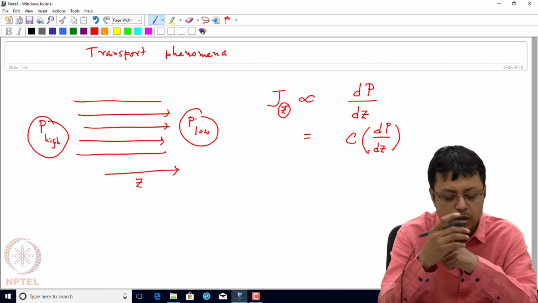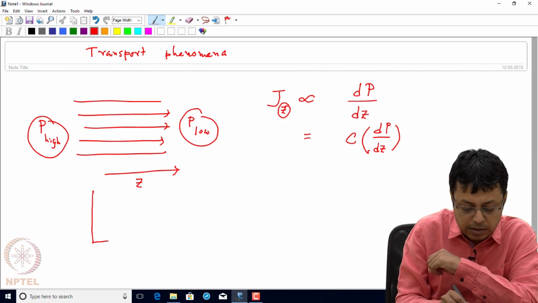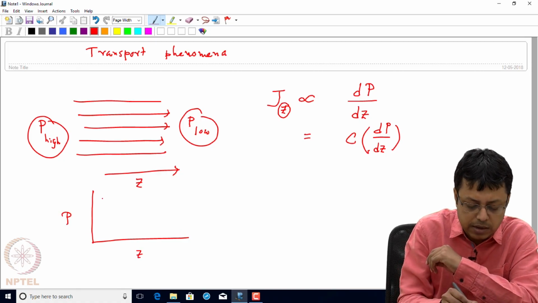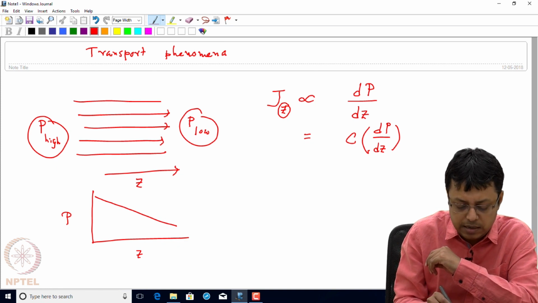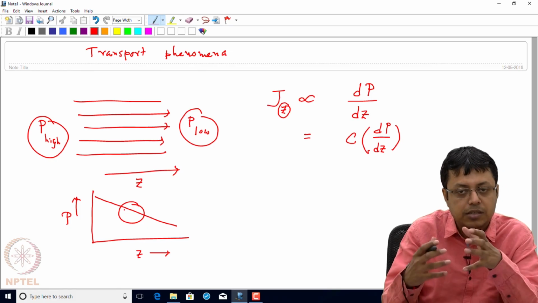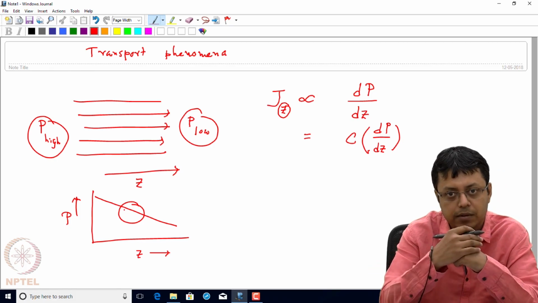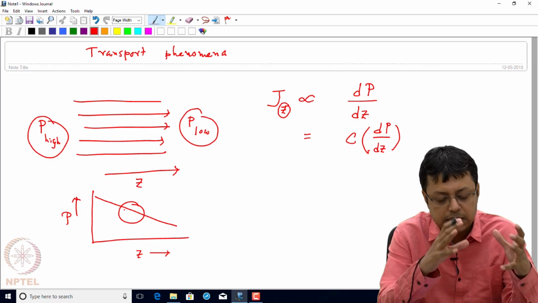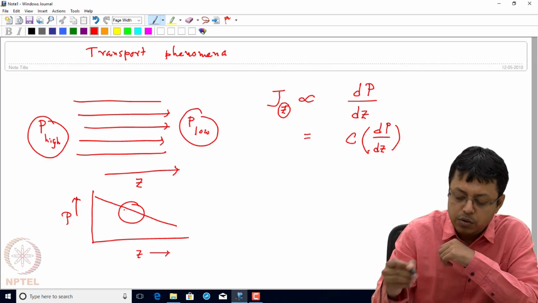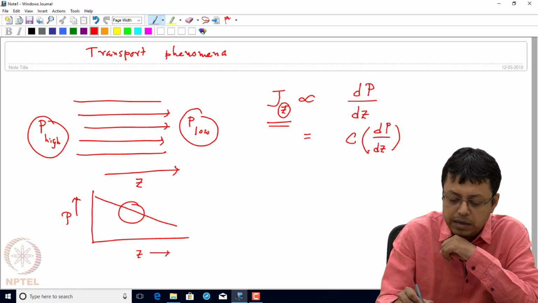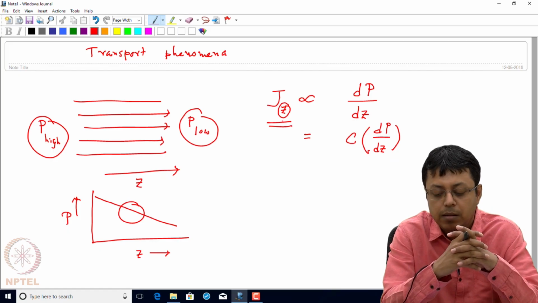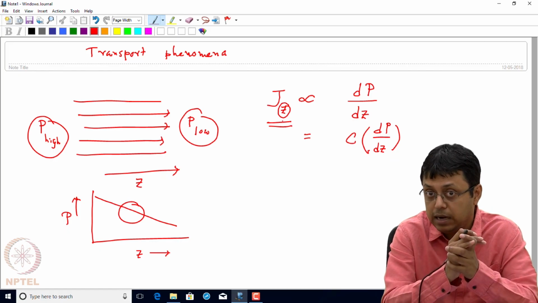So if we plot pressure versus z, I will see that as I increase z, the pressure is falling. Of course, it is an oversimplification, because I have written the gradient as a linear function, but whatever it is, the slope, which is equal to the gradient, is a negative quantity. By our mathematical formulation the flux would then be negative, but by definition the flux cannot be negative.